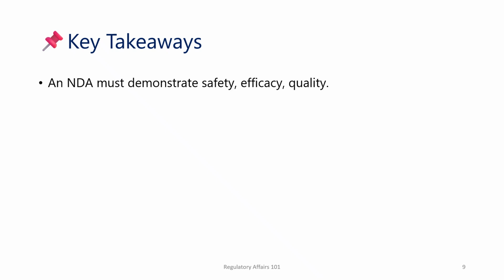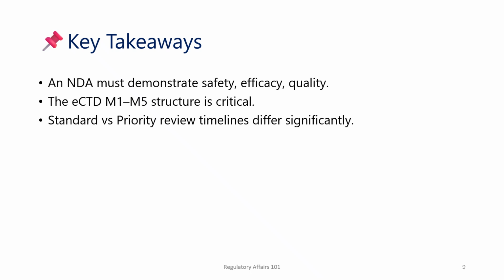Before we wrap up, let's highlight the key takeaways. At its core, an NDA must demonstrate safety, efficacy, and quality. The eCTD structure, especially Modules 1 through 5, is essential for organizing the entire submission. Remember the review timelines: 10 months for standard review and 6 months for priority review.